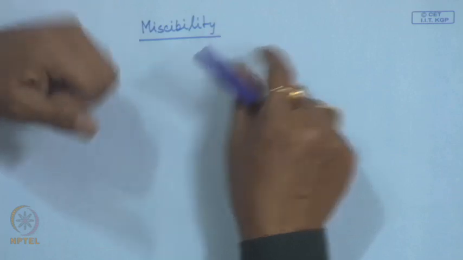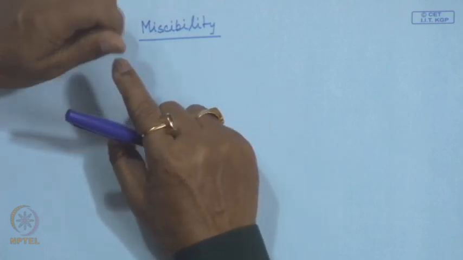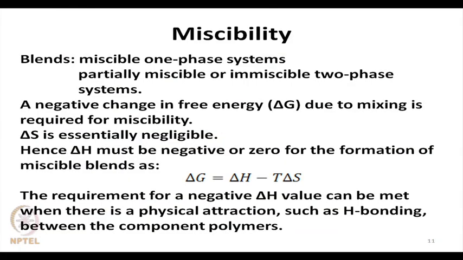Now, miscible blends can be a miscible one-phase system, a partially miscible system, or an immiscible two-phase system.